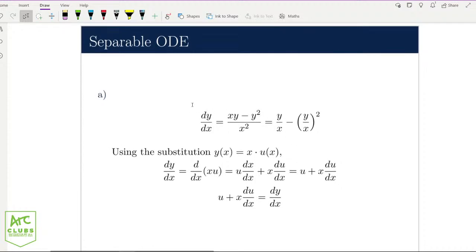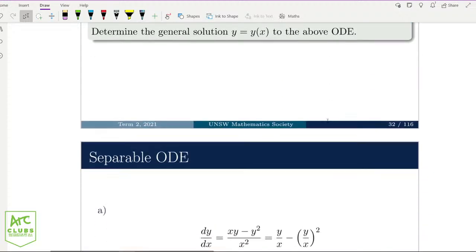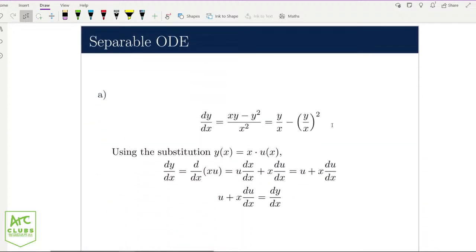So firstly, what we want to do is to rewrite it in terms of y on x. So essentially the general rule of thumb is that if you can rewrite this particular function in terms of y on x or x on y, then you will be able to use the substitution over here to rewrite it in terms of something that's a bit easier to deal with.